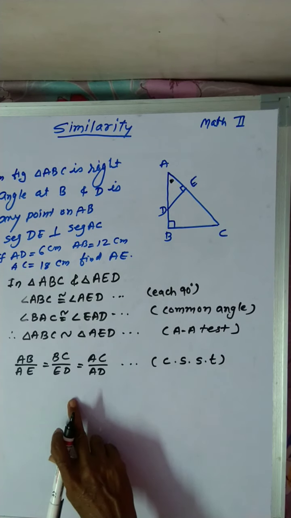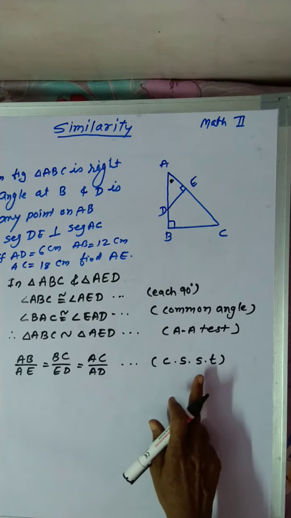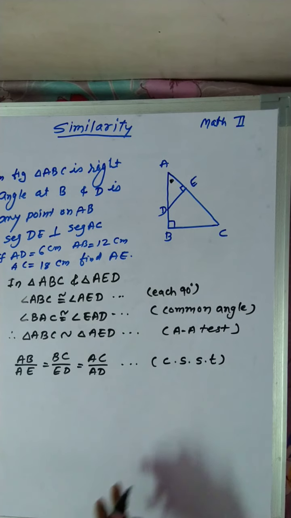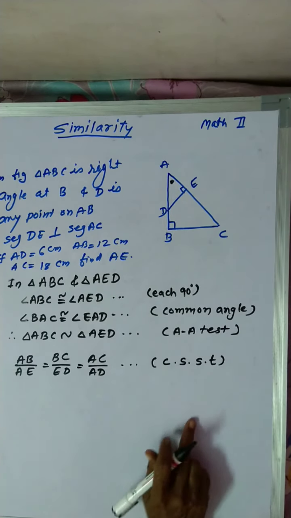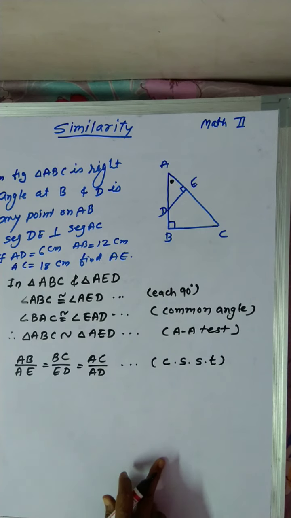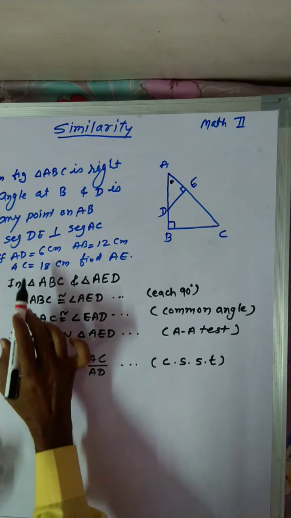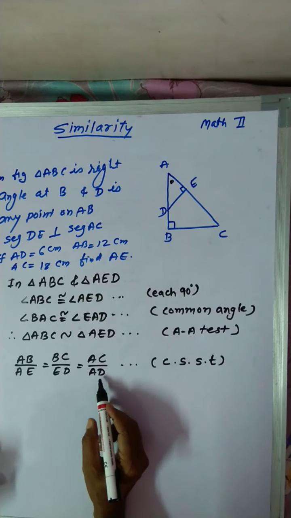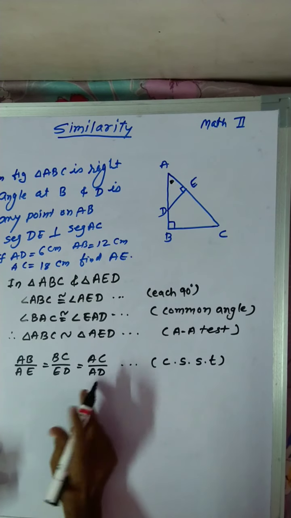If we do the angles, we write corresponding angles of similar triangles, that is CAST. This is CSST, corresponding sides of similar triangles. Okay, now they are given the values AD and AB, that means the first ratio and the last ratio.